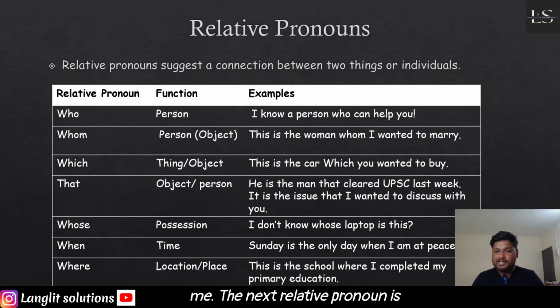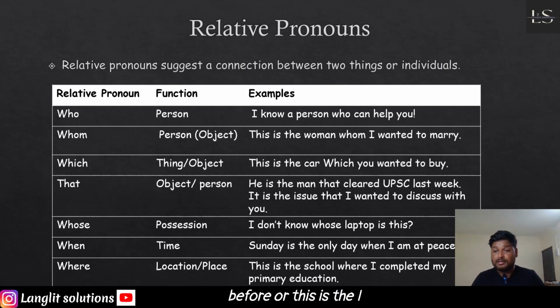The next relative pronoun is where. Where refers to location or a place. This is the place where I studied, or this is the school where I completed my graduation. This is the place which I hate the most, or this is the place where I was before.